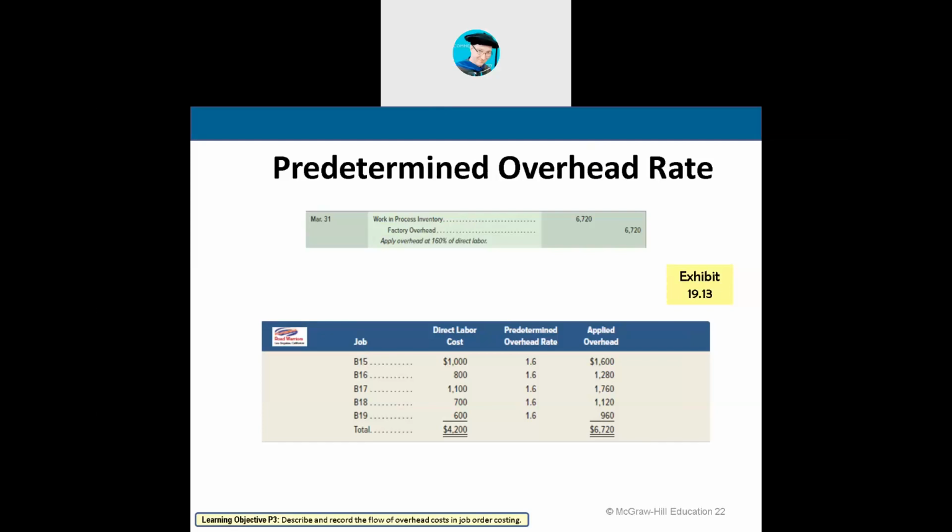We debit work in process to increase the cost of work in process, and we credit factory overhead. This is how we apply the factory overhead amount. The earlier example we were talking about is job B15, just so you're following along.